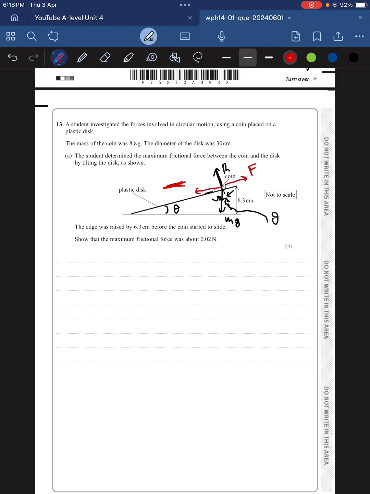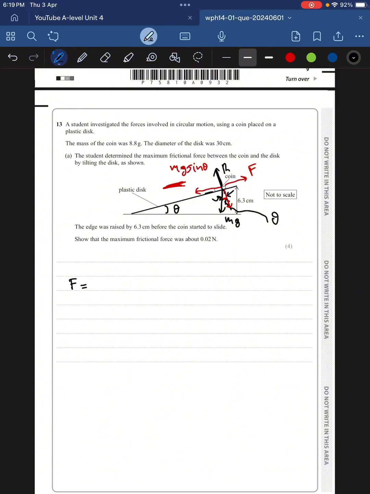And in this direction, we have mg sine theta, okay? And the way to tell this is that mg cos theta will be this component, which is adjacent to the angle, to this angle theta. This component is not adjacent to the theta, so it's mg sine theta. This is how I remember things, okay?